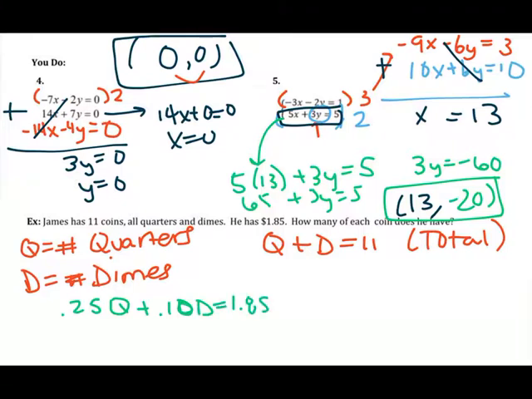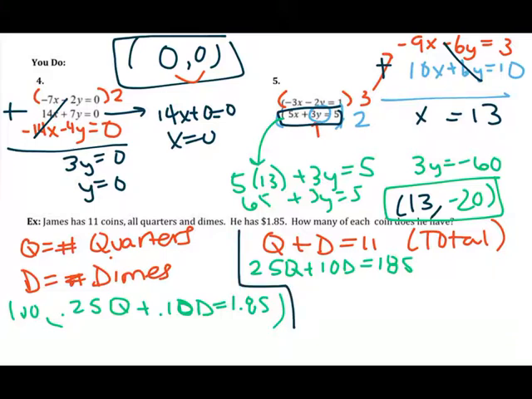And what I'm actually going to do is I'm just going to move the decimal place twice on every single one of these so I don't have to work with decimals. I hate decimals like you hate fractions. So if I multiply everything in this whole equation by 100, what I get is 25Q plus 10D equals 185. And even though 185 is a big number, I still like that big number a lot better than I like dealing with those yucky decimals.